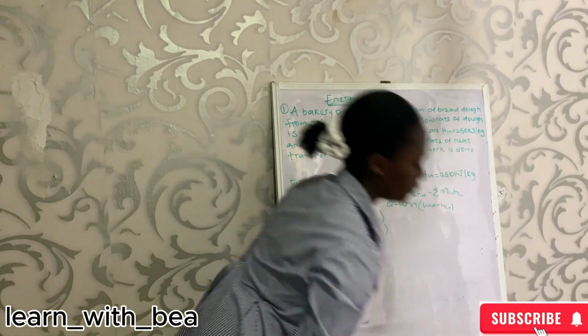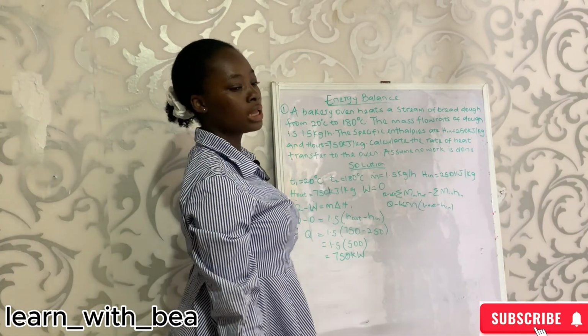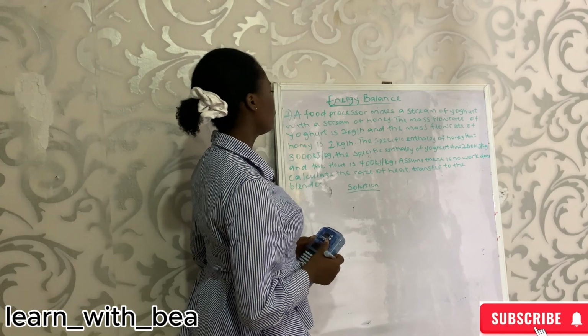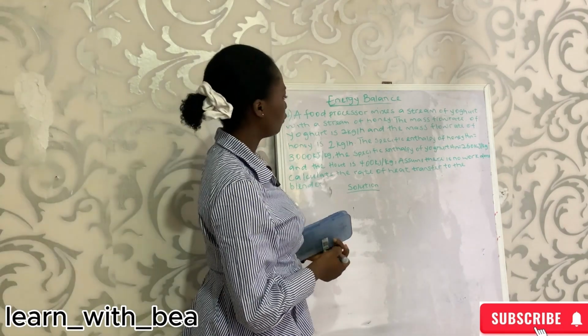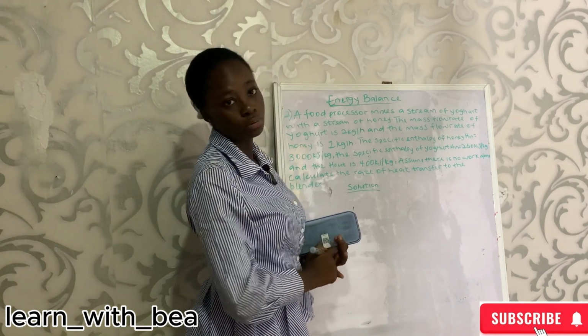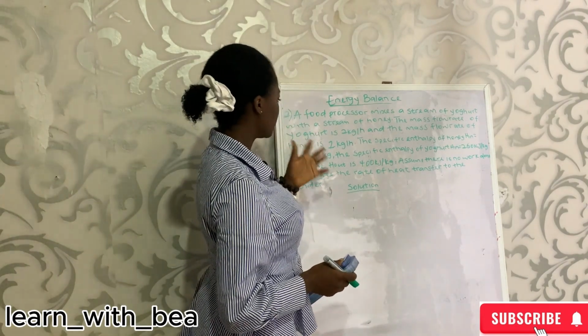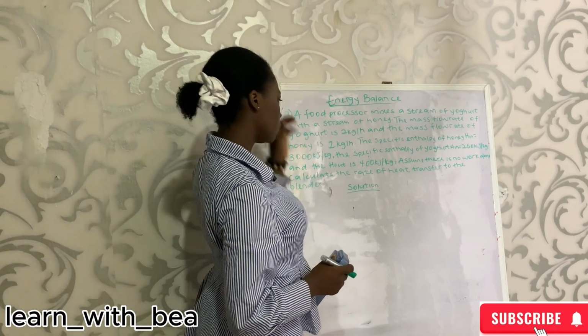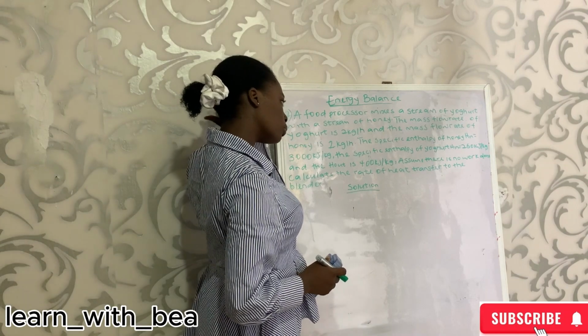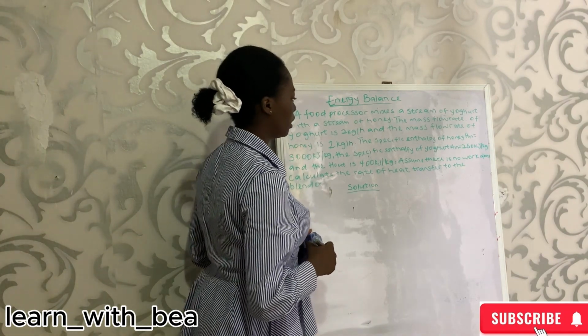So let's move to our next question. A food processor mixes a stream of yogurt with a stream of honey. So we now have two feeds. The mass flow rate of yogurt is 2 kilograms per hour, and the mass flow rate of honey is 1 kilogram per hour.